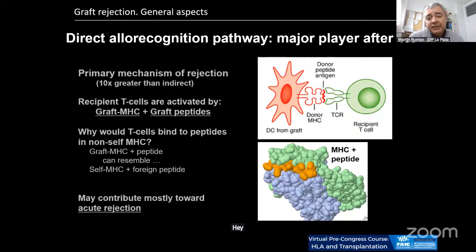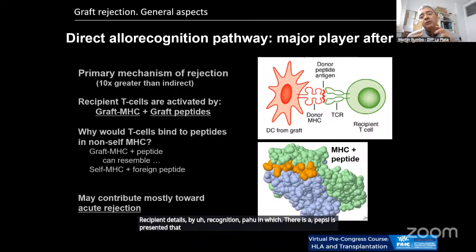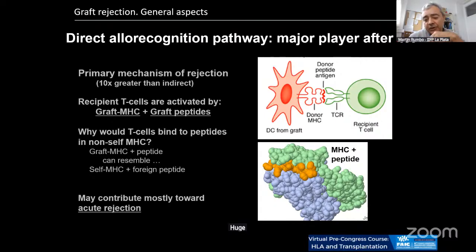in which a donor antigen presenting cell, in the context of the donor HLA system, activates recipient T cells by direct allorecognition. A peptide is presented, but there is also a huge cross-reactivity, or huge alloreactivity, in the recipient compartment, because this MHC has not been used for the thymic education of the recipient T cells.